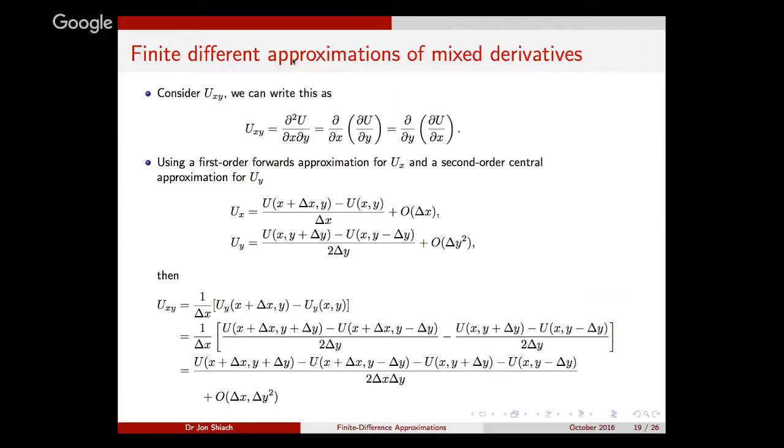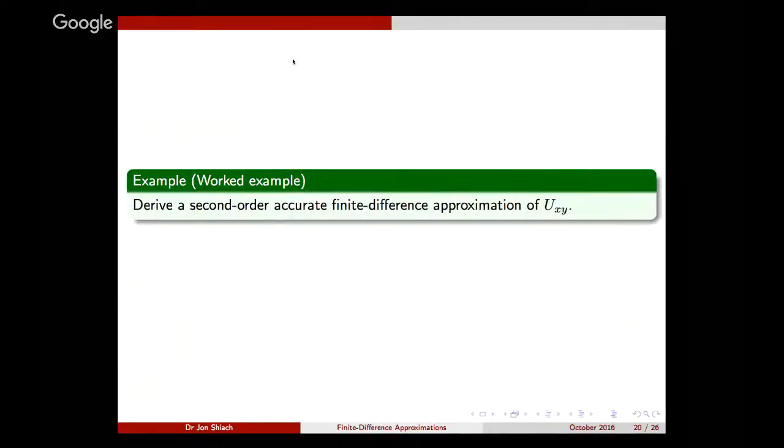Okay, so I've got another worked example. What we're going to do is derive a second order accurate finite difference approximation of this. So in both directions, we're looking at second order.